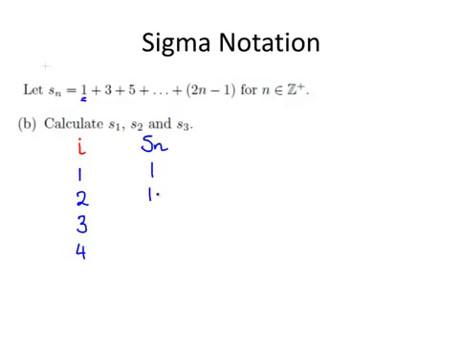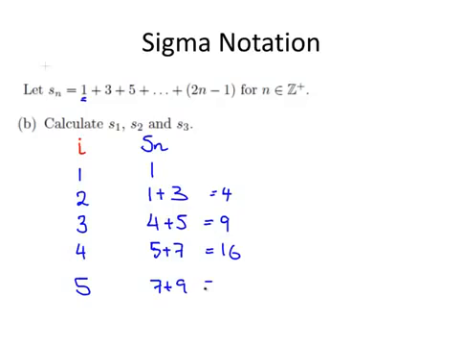Then 1 plus 3 equals 4. Then 1 plus 3 plus 5 equals 9. The next one is 9 plus 7, which equals 16. I'll add in one more: the next one is going to be 9, and that would be 25.